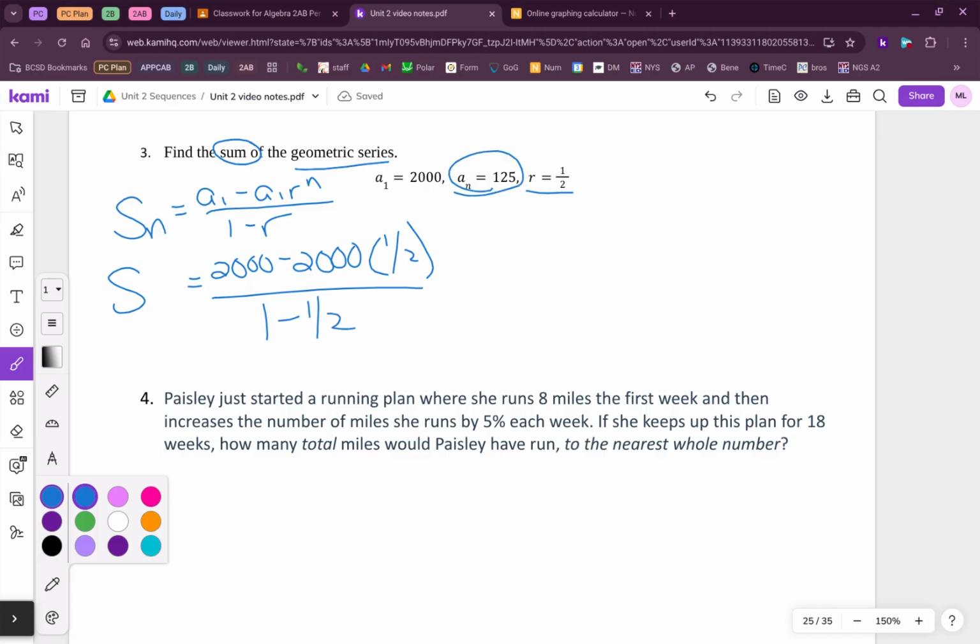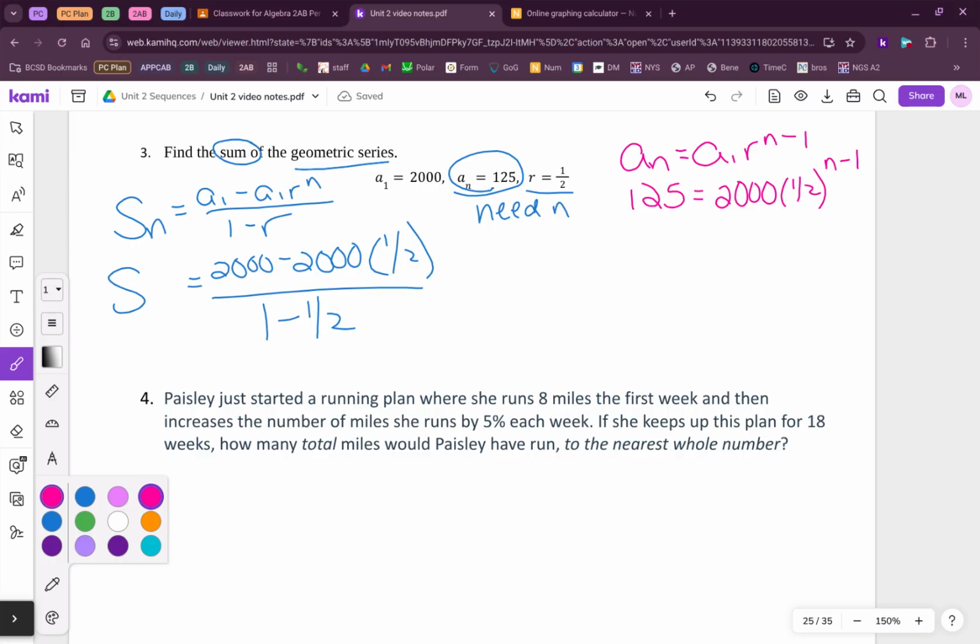All right, now we know the nth term. We don't know n, so that means we need to figure out n. So this is a geometric, so that means we're going to have to go back to our geometric formula. So we know the nth term is 125. We know our first term was 2,000. R is 1/2.